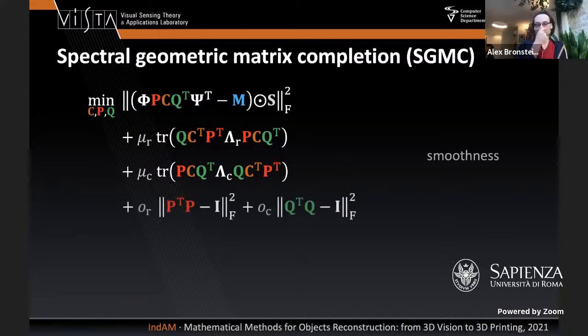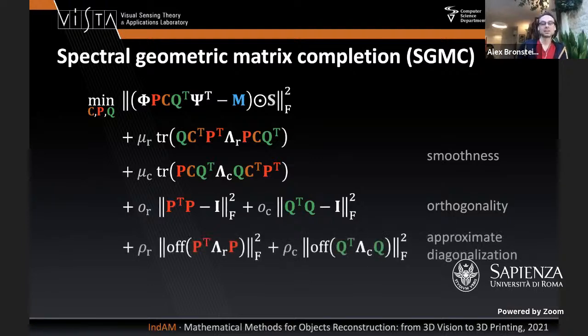And I also need to introduce some additional penalties. I would like the new basis to approximately be orthogonal. So these transforms P and Q need to be approximately orthogonal. And I also may demand that the new basis still approximately diagonalize the two Laplacians, so I don't really depart too much from the geometry of the original graph.